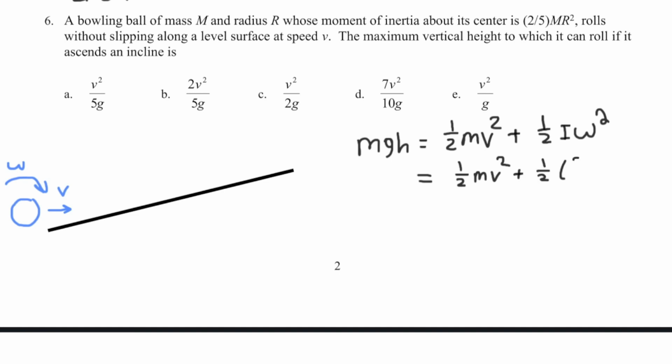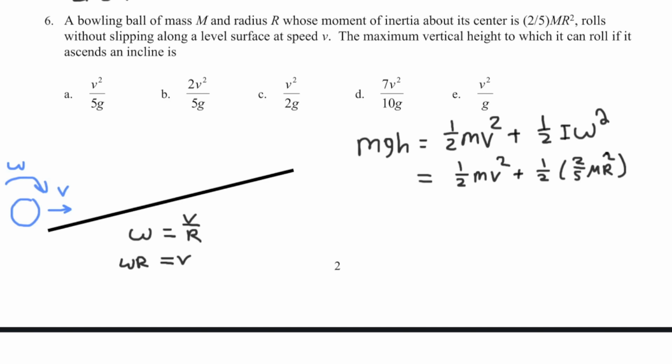So we're given that I is 2/5 mr squared. And then we also use the fact that rolling without slipping tells us that omega equals v over r. So again, if you ever see the words without slipping, that means this relationship, omega r equals v or a equals alpha r, anything like that, is probably used.